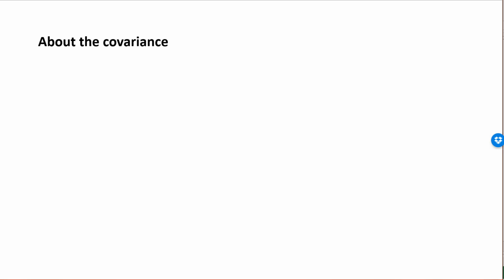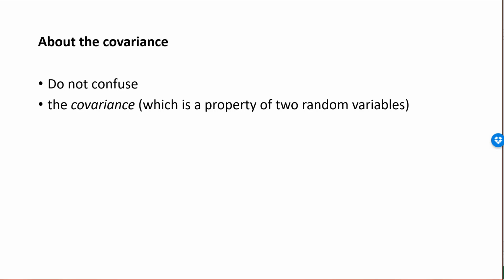A couple of issues. One is not to confuse the covariance with the sample covariance. This is a similar kind of argument as not confusing the variance with the sample variance. The covariance is a property of two random variables. They can take different values. The covariance tells us how they covary linearly. That tells us something about the linear dependence.